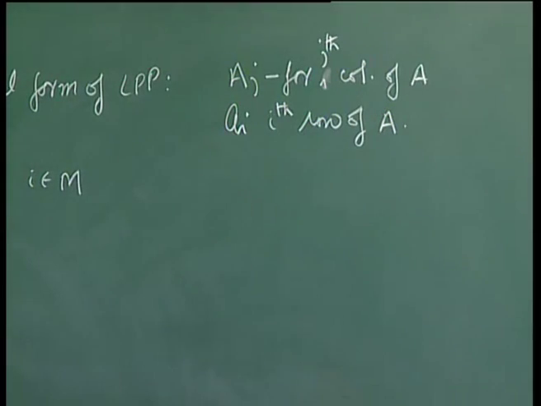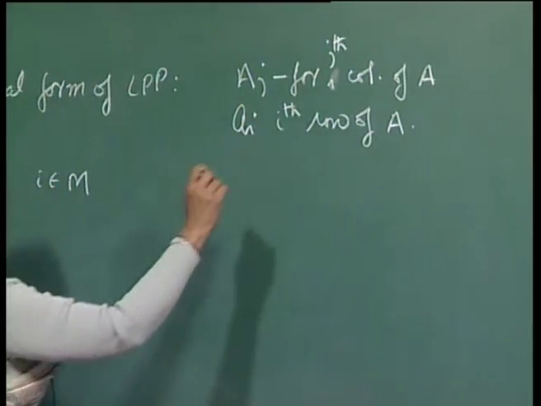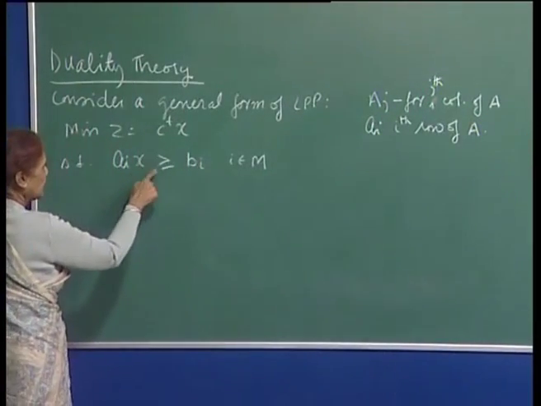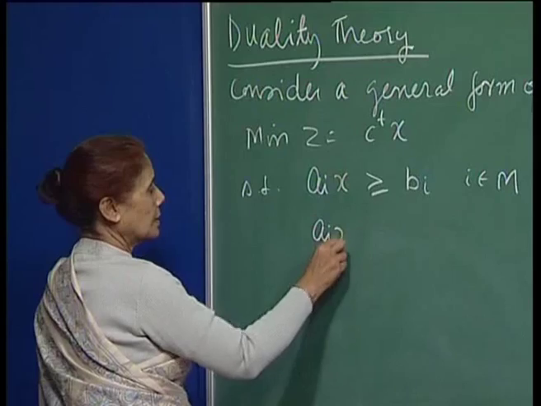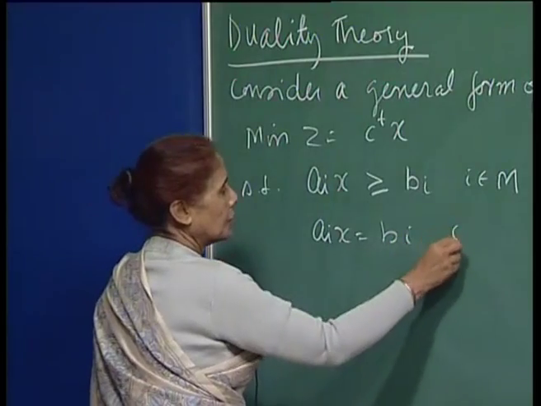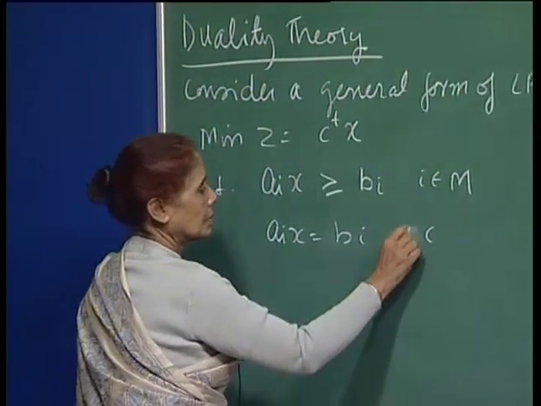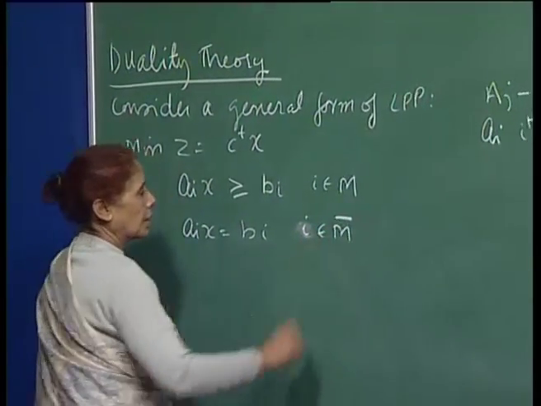Small a refers to the row. Therefore, I am writing a_i x greater than or equal to b_i, and a_i x equal to b_i for i belonging to M bar.